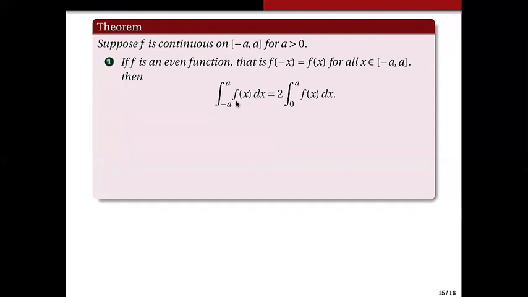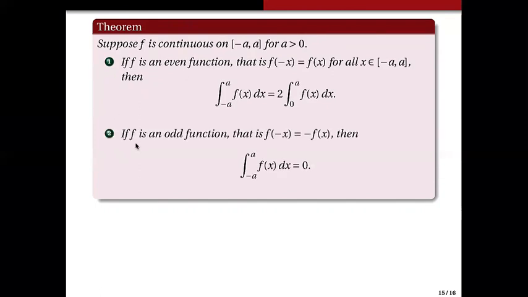So it's like there's a symmetry. You just do half of that, and then you multiply by 2 to get the whole thing. This guy here, the even function, is symmetric with respect to the y-axis.